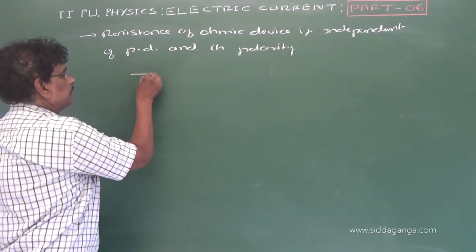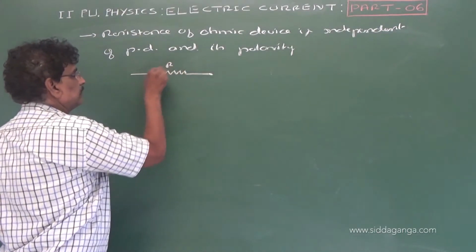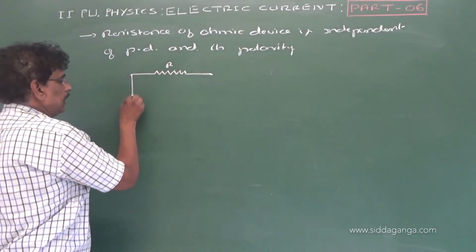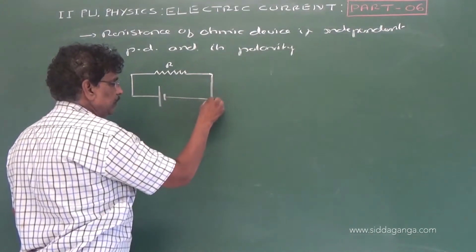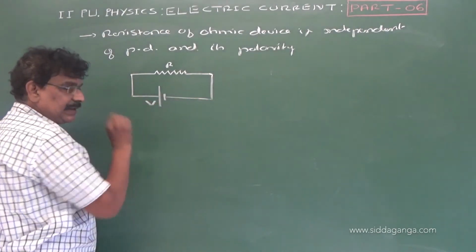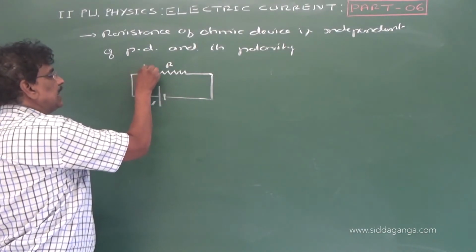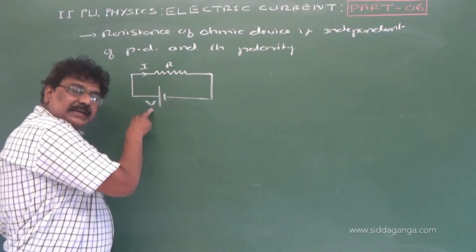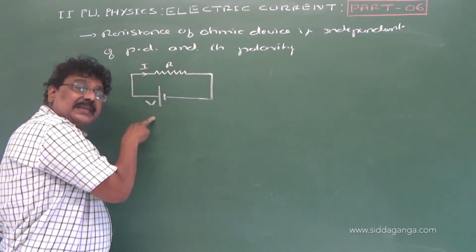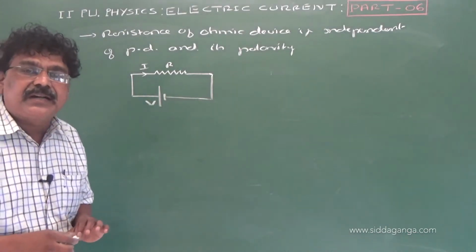Here we have a resistance R connected to a battery, V is the potential difference and I is the current through it. If we go on increasing V, I also increases.